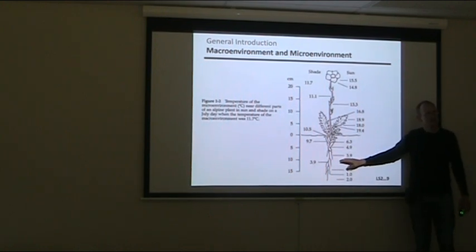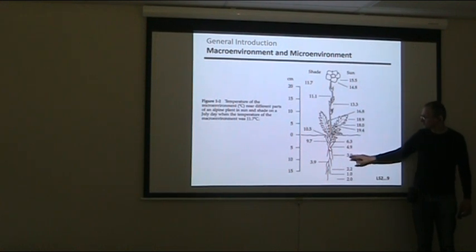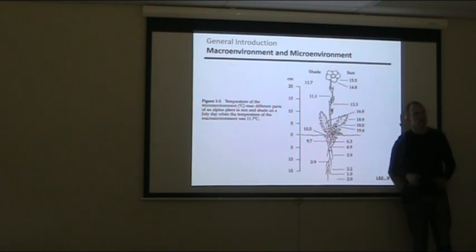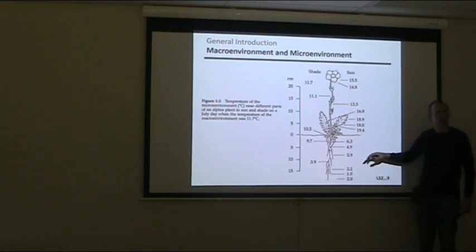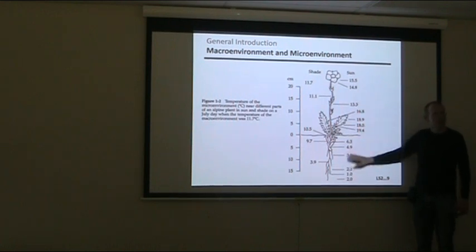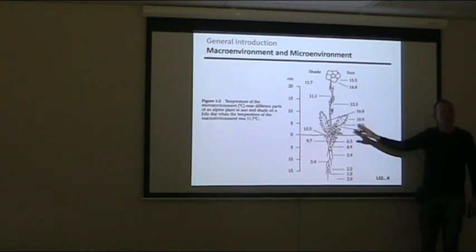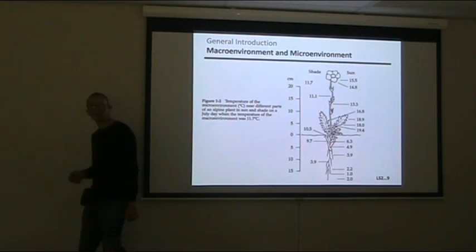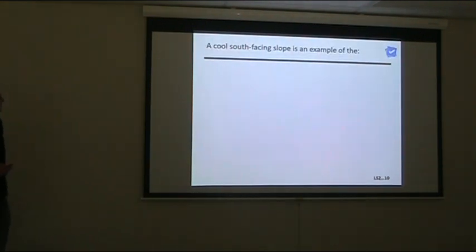And then there's the subsoil, 6.3 degrees, 3.9, all the way down to 1 degree at the bottom of the roots. The soil is still very cold. So these are all microenvironmental conditions that are changing even within a plant.